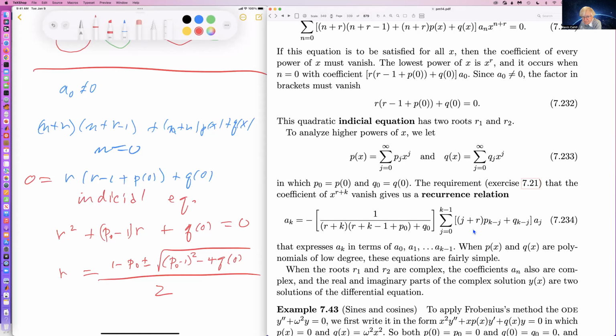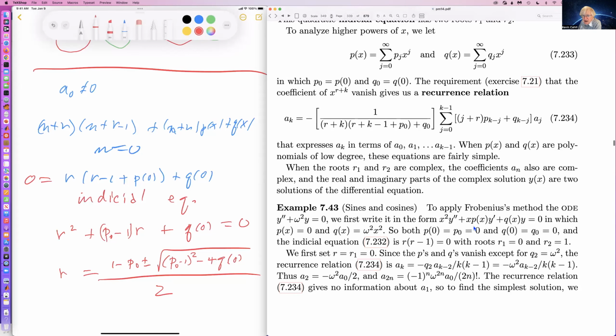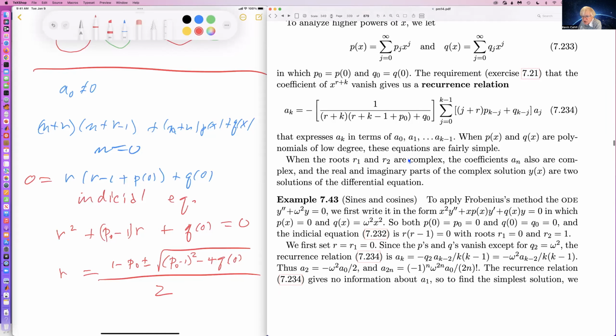And when p and q are polynomials of low degree, these are pretty simple. And when the roots are complex, the coefficients are also complex, and the real and imaginary parts of the complex solution are actually two solutions of the differential equation.